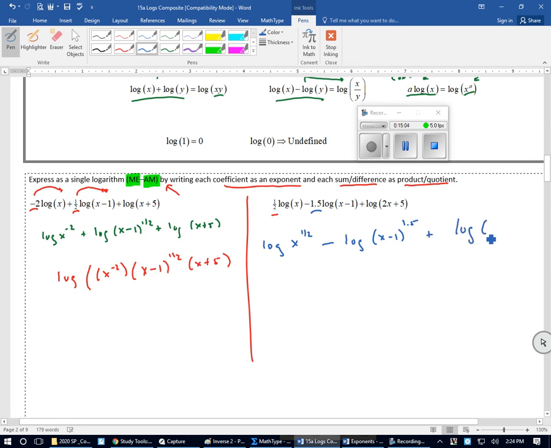I don't have a coefficient here. And then I'm going to write addition as multiplication and subtraction as division.